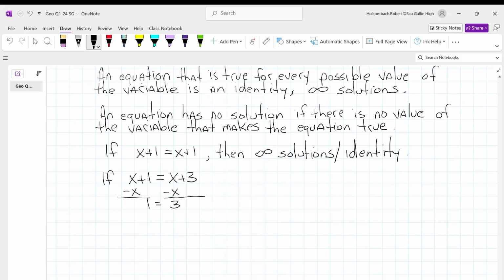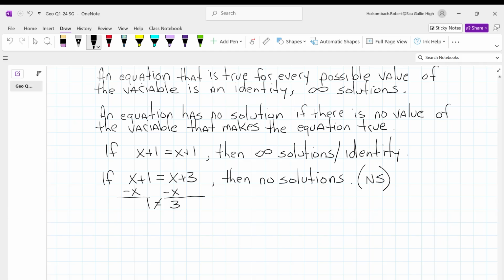Well, is 1 ever equal to 3? 1 is never equal to 3. If you get to that stage in a problem or anything that looks like that, then no solution. And that's what you would write. You can abbreviate it. You can just write NS, no solution.